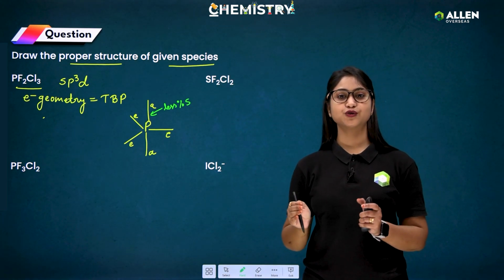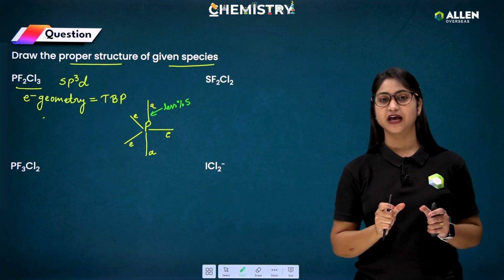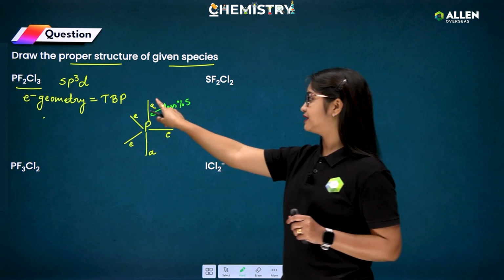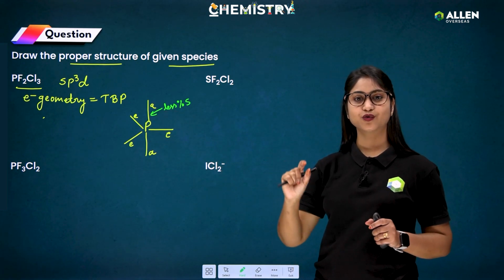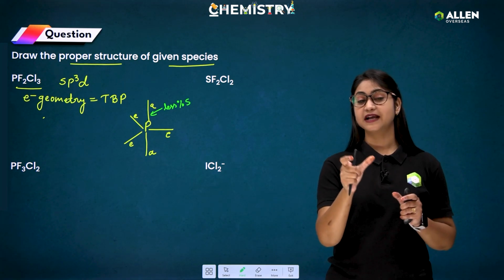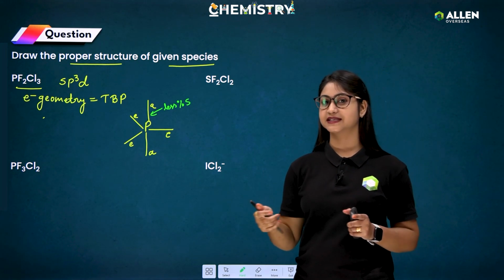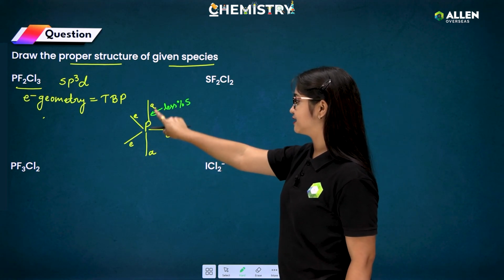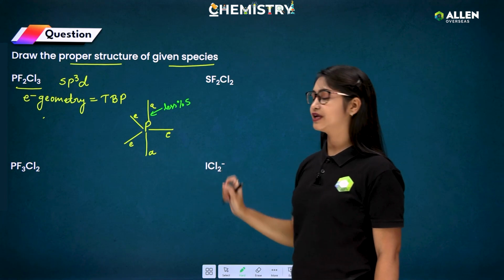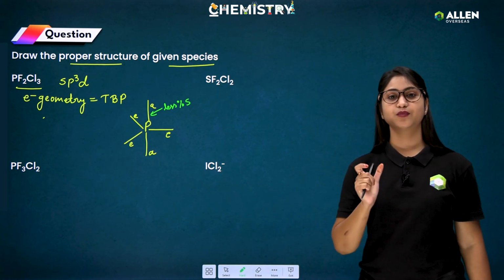So, if I want to place a highly electronegative element in this geometry, I will place it at the axial position. According to Bent's rule, a highly electronegative element occupies the hybrid orbital which has less percent s character. Less percent s character is present along the axial bonds, so that's why a highly electronegative element will be present at the axial position.